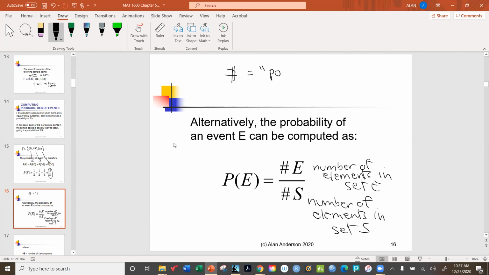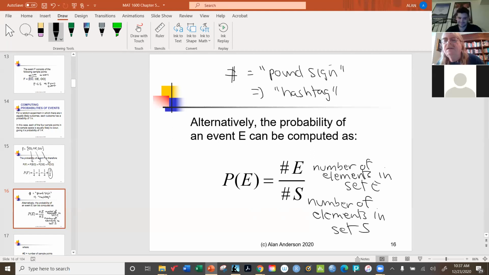So this symbol, the pound sign, which is on your phone, by the way, somehow it got to be called, I don't know how and when this happened, the hashtag. Maybe you guys are aware of the origins of this mysterious word hashtag. What exactly does it mean? In one sentence, what does hashtag actually mean?